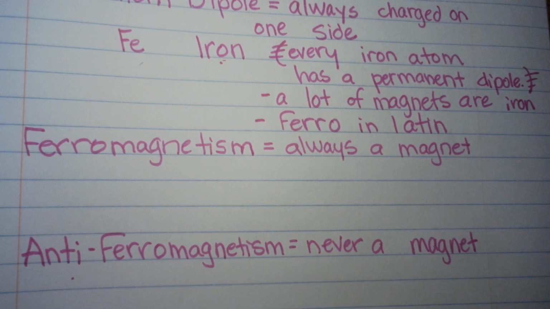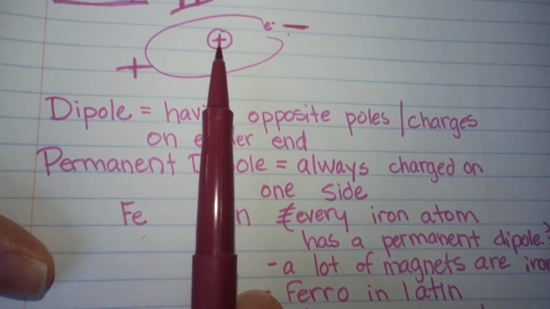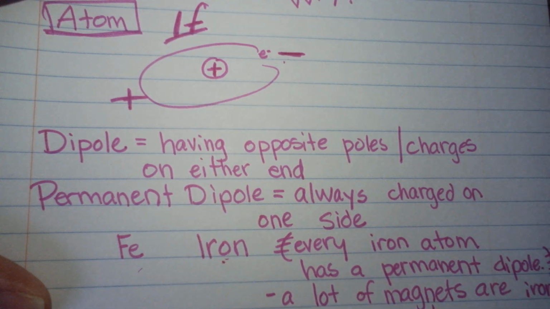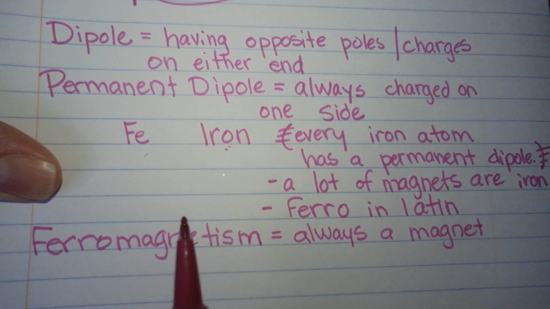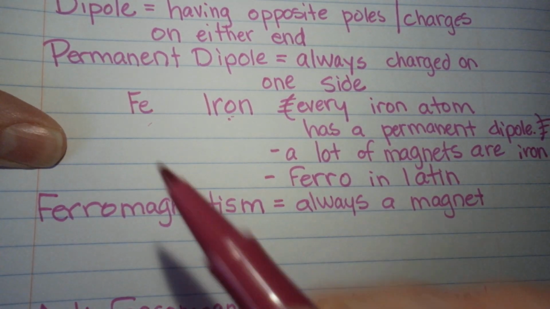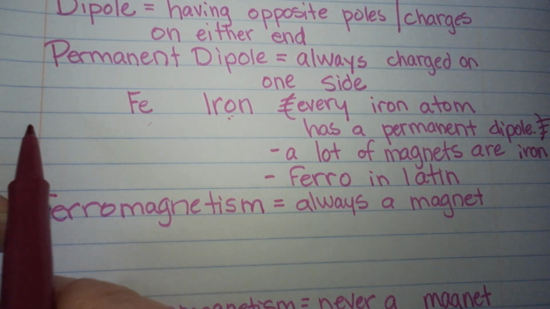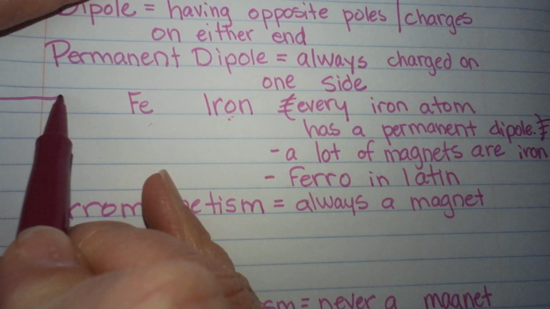So let's consider, we talked about this sort of imaginary atom that we could pause. Okay, let's think about this iron atom for just a second. If we think about one iron atom, okay, one iron atom, we'll draw its little periodic table box right here.